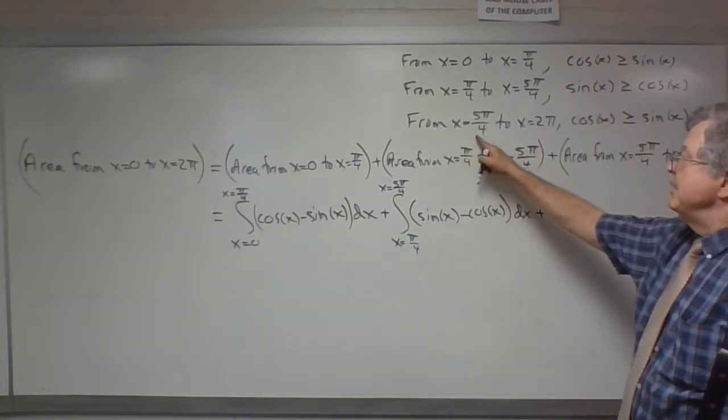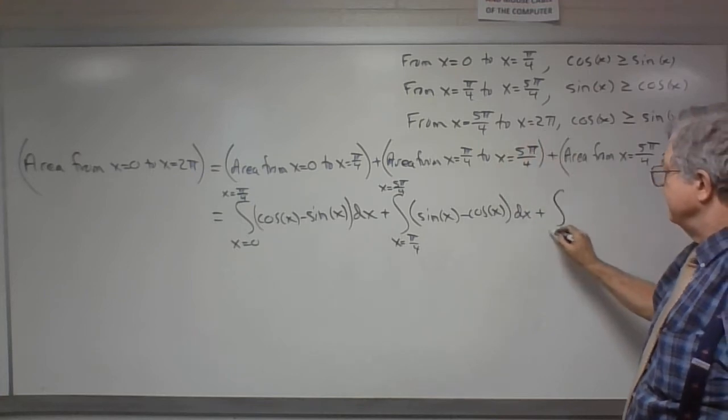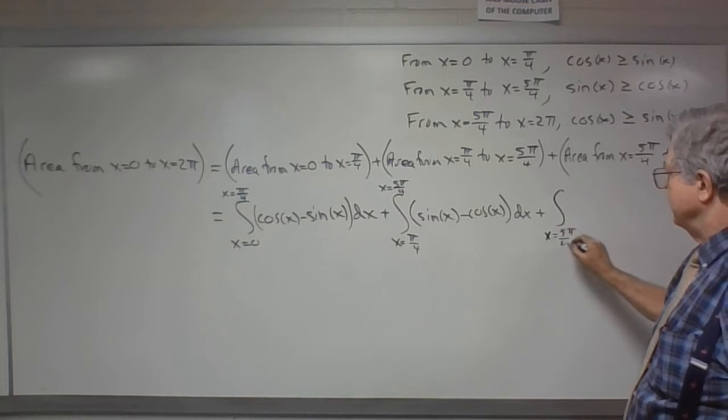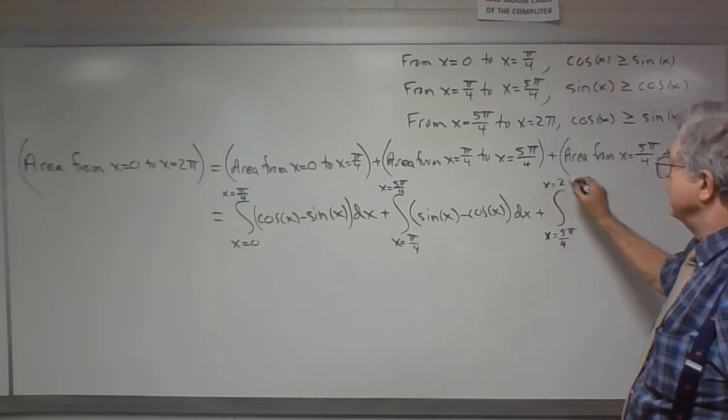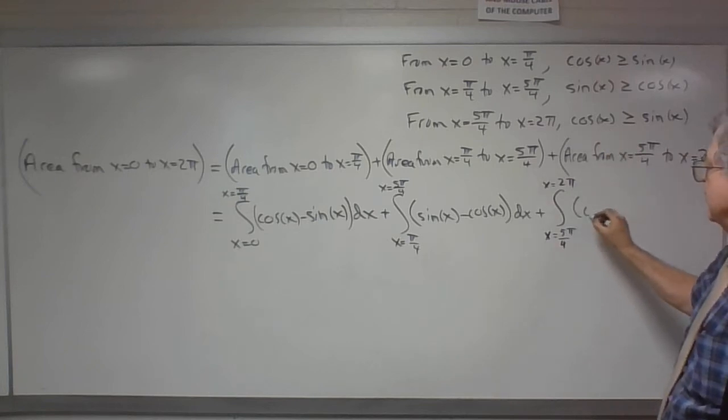And then from x equals 5 pi over 4 to x equals 2 pi, cosine again is the greater function.